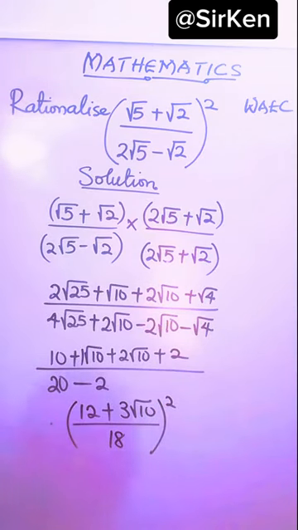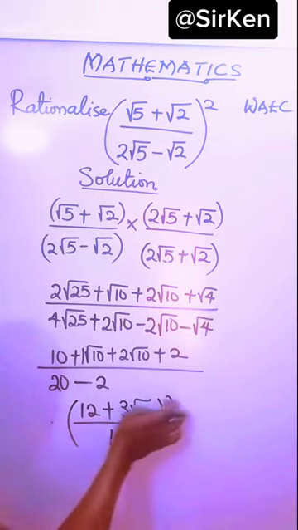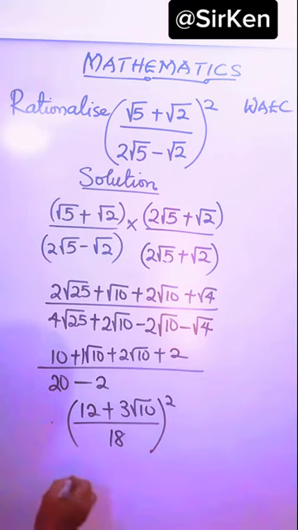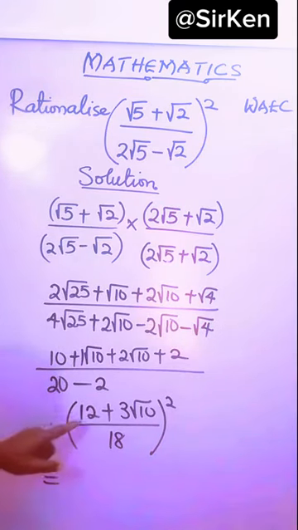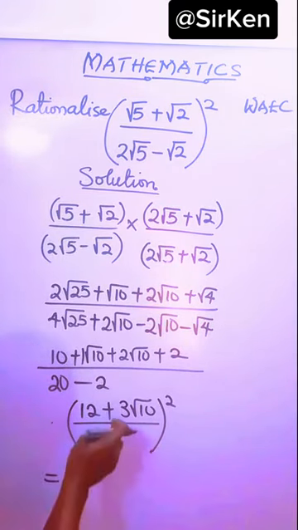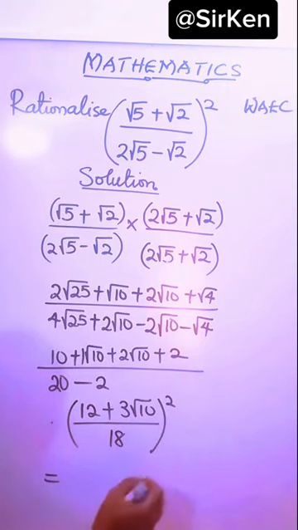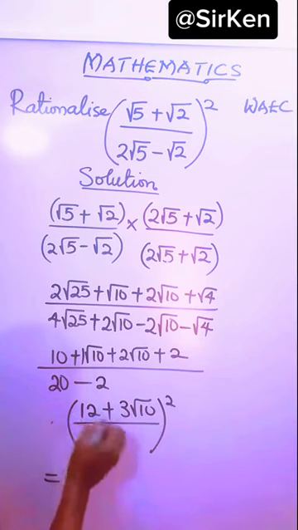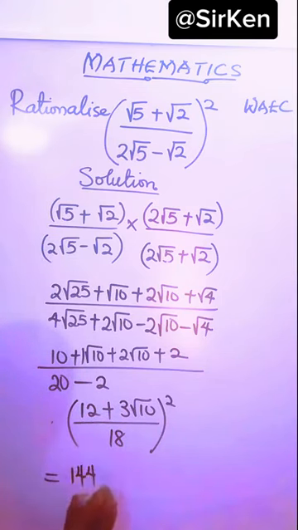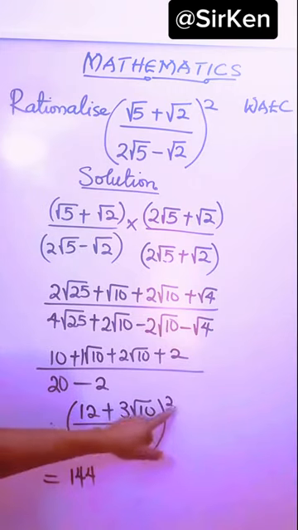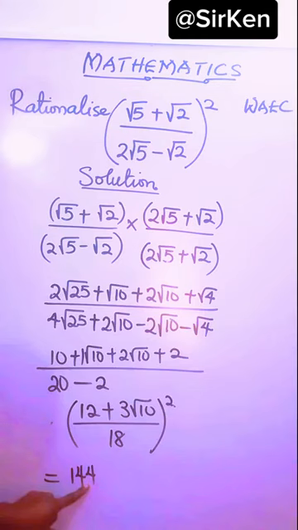You get now? Squaring this now will give me numerator square, denominator square. So if I go ahead, it means I should represent this one 2 times. Like, 12 square is 144.